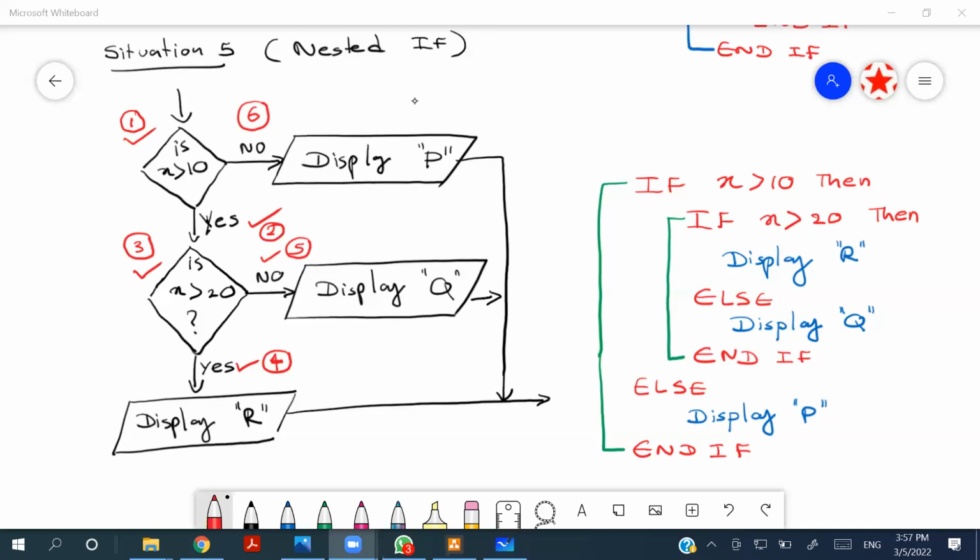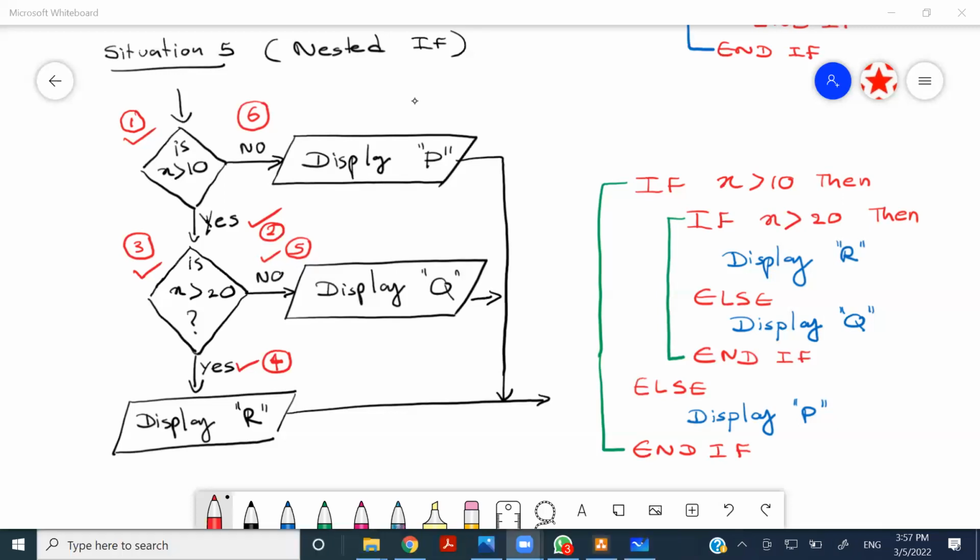How about others? All right. Is there anyone still writing this?